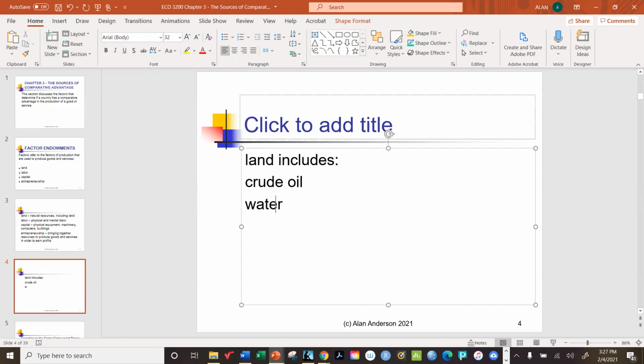How about water, minerals? I guess we could make the case that precious metals belong in here too, because they are natural resources. And basically, like I said, anything that involves natural resources could be considered to be an example of land. So we clearly need land to produce goods and services.